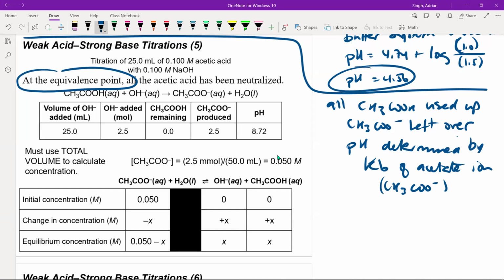And the equivalence point occurs when 25 milliliters of the base, the sodium hydroxide, has been added, making the total volume equal to 50 milliliters. So let's take a look at how we do this.